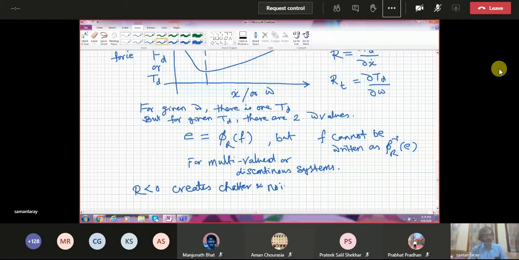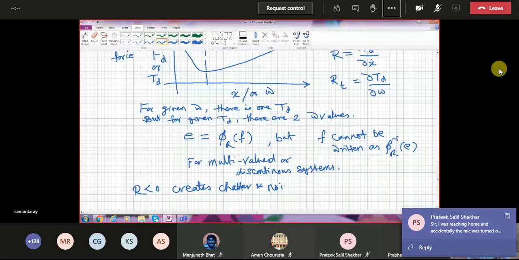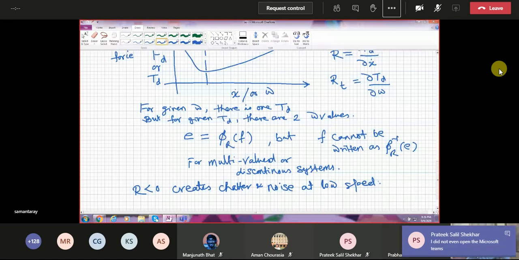So this kind of bullock carts, when lubrication is poor, you will find very screechy noise, and it's very high pitch, high frequency noise that is created because of this negative resistance. You also see this kind of noise and chatter if you are doing some kind of a turning operation at low speed. If speed is low, then this chatter will take place and you will get noise. So in all these cases, damping becomes negative. And again, when you increase the speed, at a certain point onwards, positive damping comes.